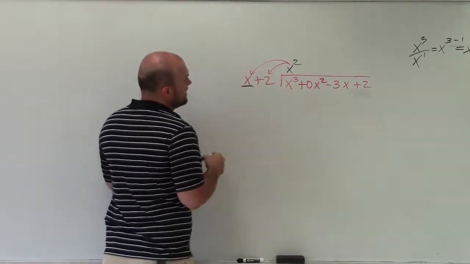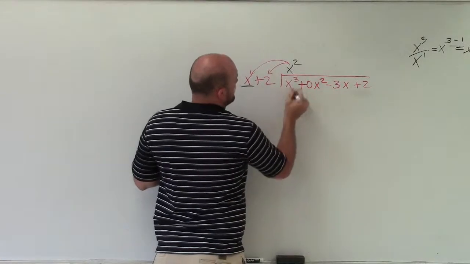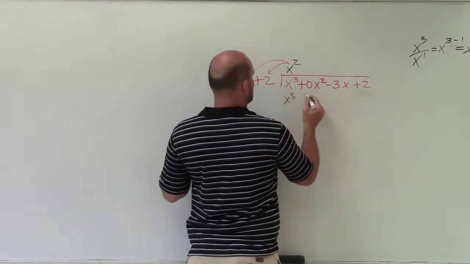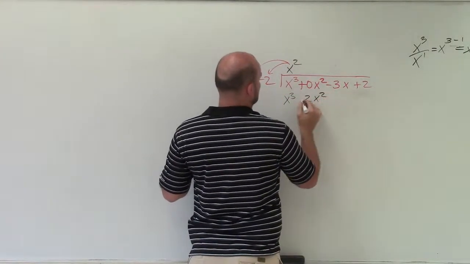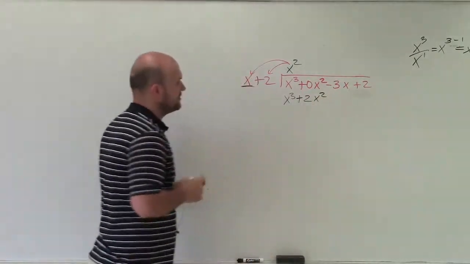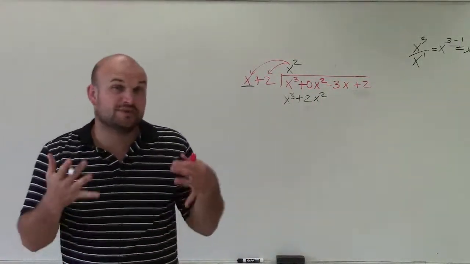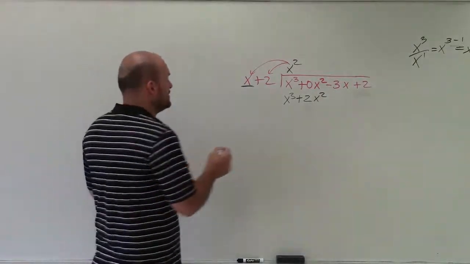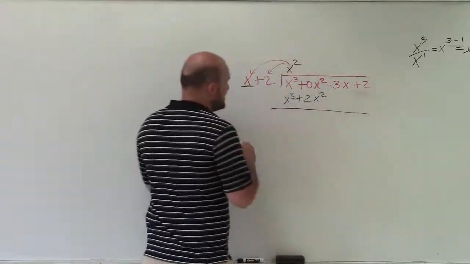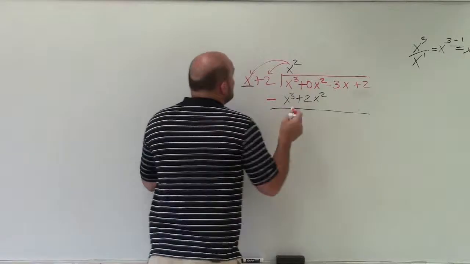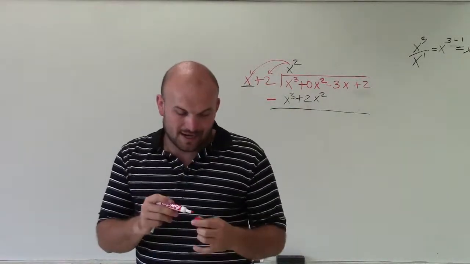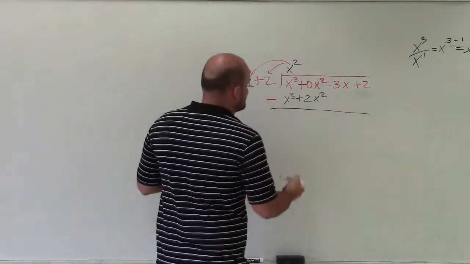And x squared times x is going to give you x cubed. X squared times 2 is going to give you a 2x squared, and that's a positive 2x squared. Okay, so now the next thing we need to do is subtract the rows. I'm going to write my subtraction symbol, but it's very important that you literally say this out loud because it confuses a lot of students.